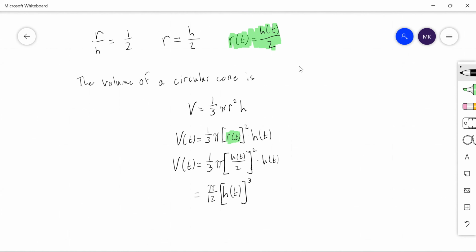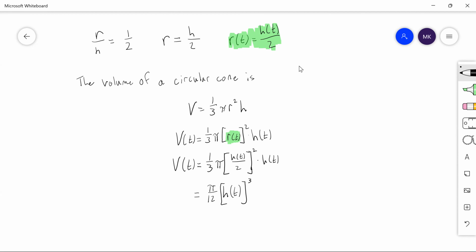So you just wanted to find r of t in terms of h of t, or something you already know? Correct. I wanted to find r of t in terms of either v of t or h of t, so that I can only have 2 essentially variables or 2 functions in this situation. If you went for like a v of t, would that also work?